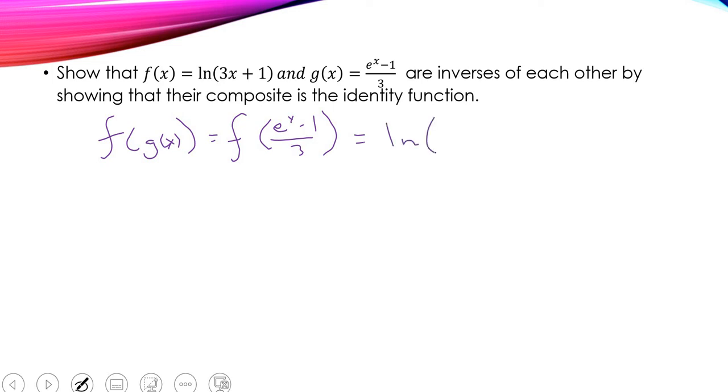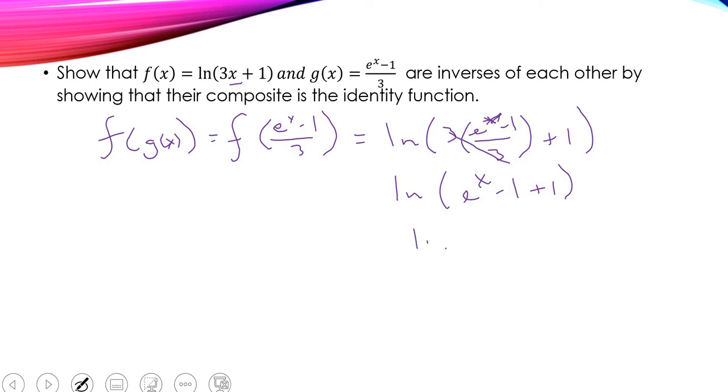So ln of 3 times my input value, which now is e to the x minus 1 over 3, plus 1. That becomes ln, those cancel, e to the x minus 1 plus 1. That's ln of e to the x, which is x, so that works.